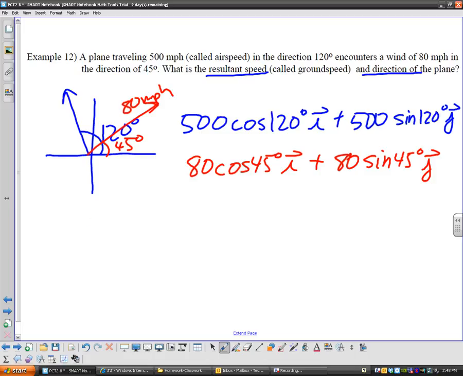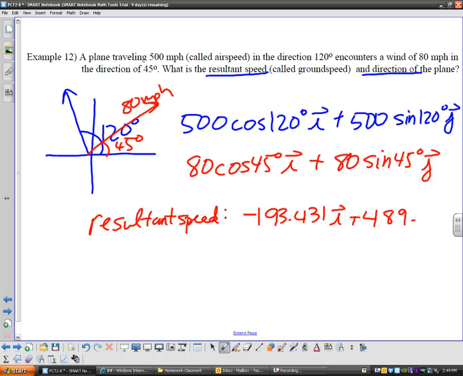So to find the resultant speed, we add these together, and when we do that, we get negative 193.431 for the horizontal component and 489.581 for the vertical component. Now again, that's the vector.